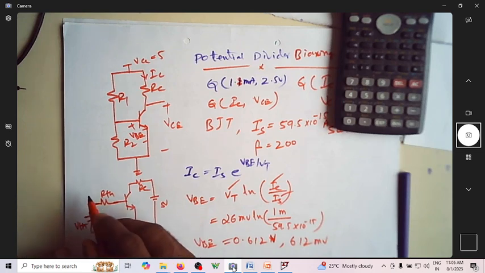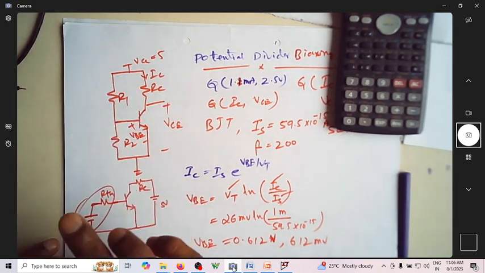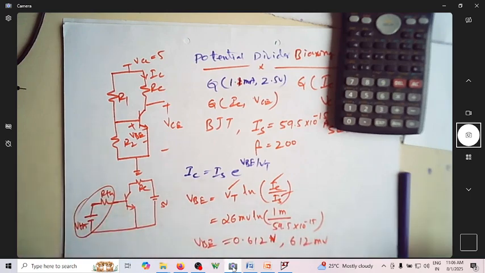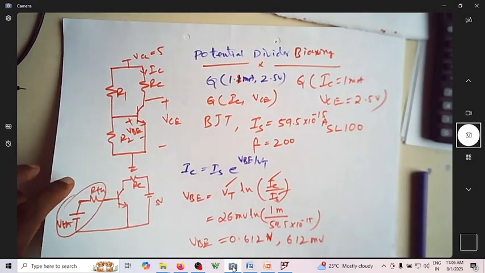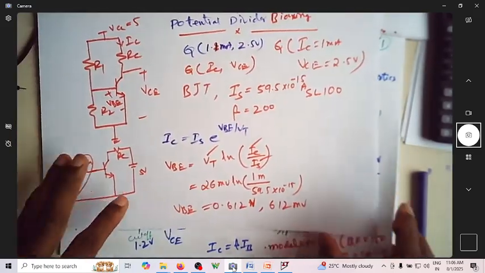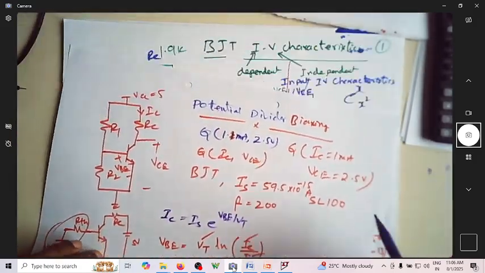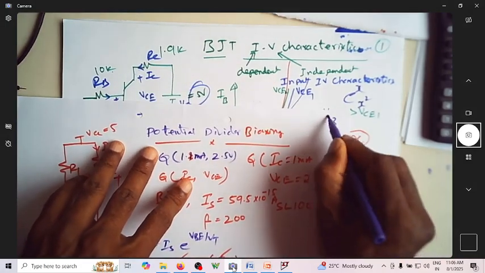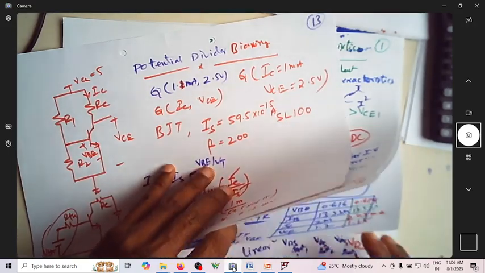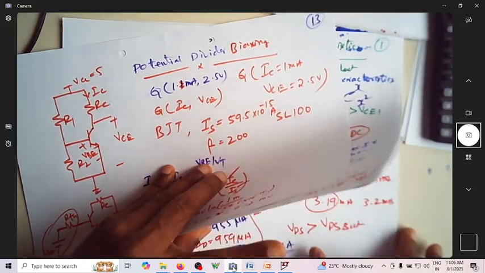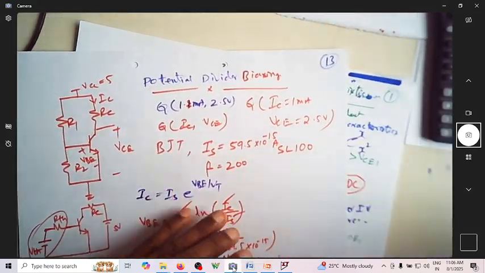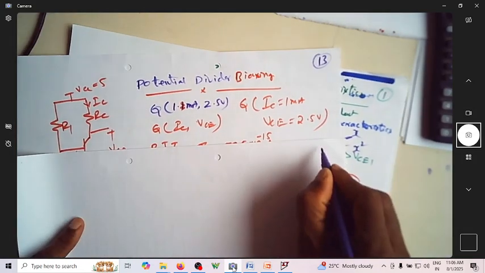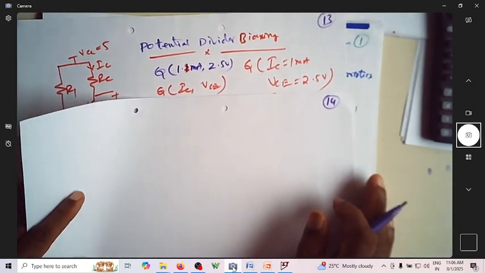So I need to design this. I need to design what is VTH and what is this value. I shall proceed now. Let me consider the 14th one.